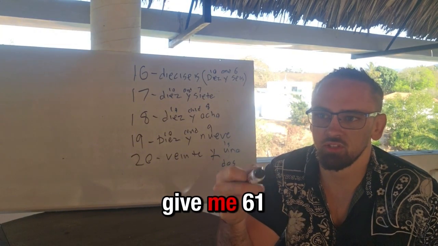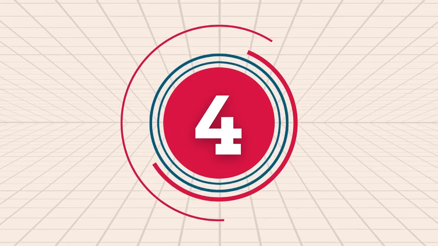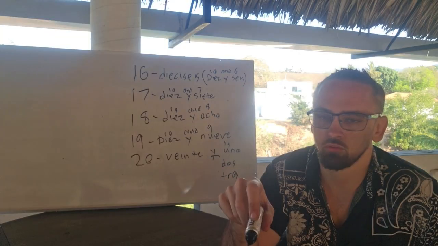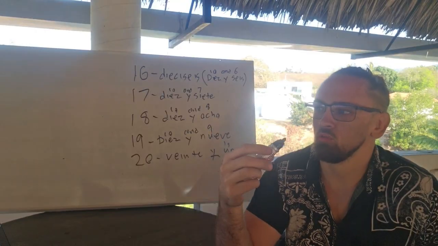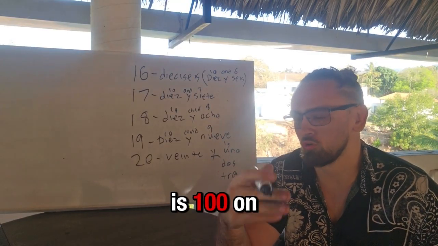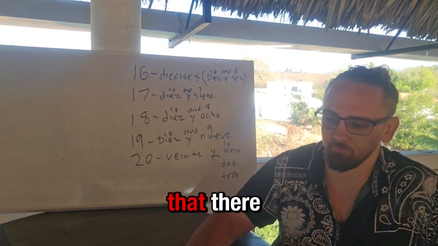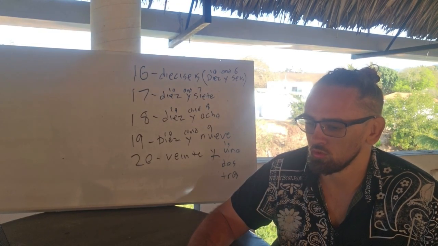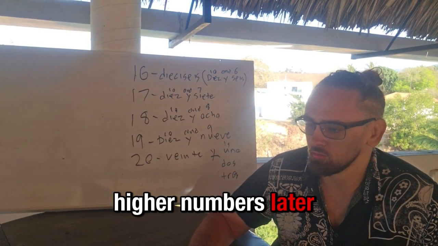Go ahead and give me 61 to 69. Right? And then we have 70, right? And this pattern is going to continue on and on and on until we get to 100, which is 100 on the dot, right? We're not going to go above 100 for today. We're going to leave that there. We're only going to go up to 100, right? We'll get into higher numbers later, right?